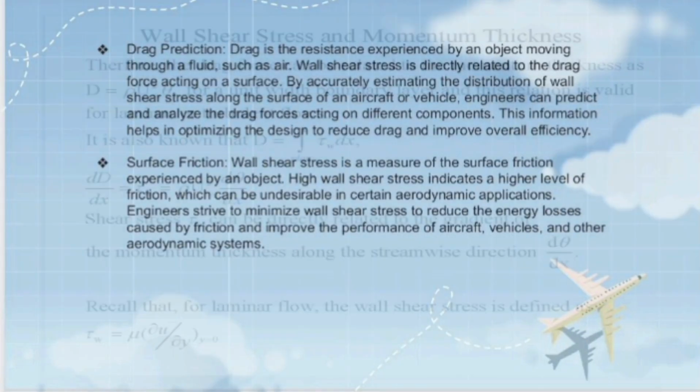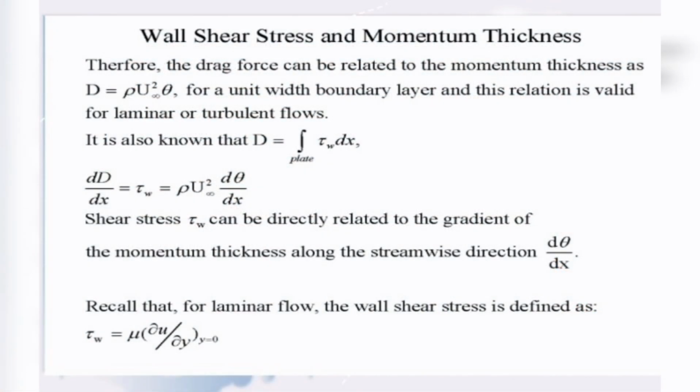We will see the wall shear stress and momentum thickness. The drag force can be related to the momentum thickness as D is equal to rho U infinity squared theta for a unit wide boundary layer, and the relation is valid for laminar or turbulent flows.